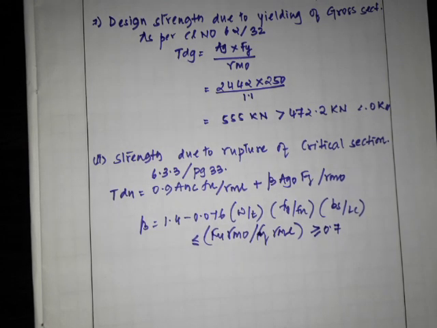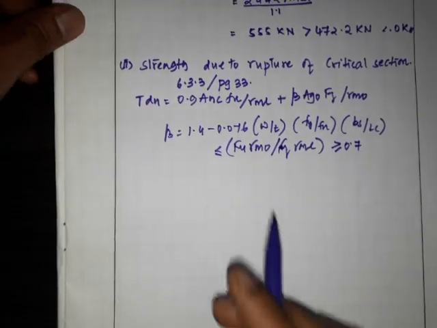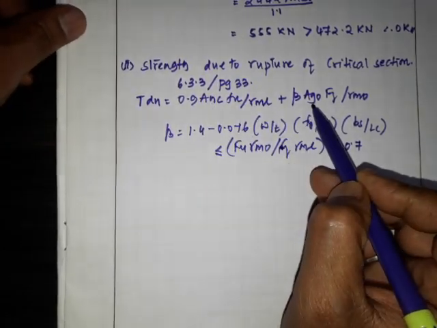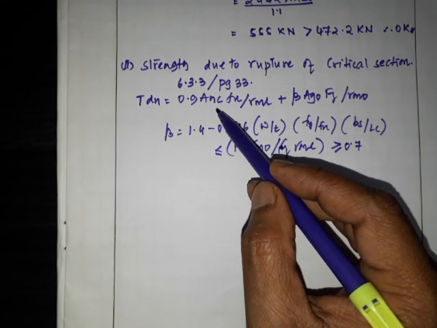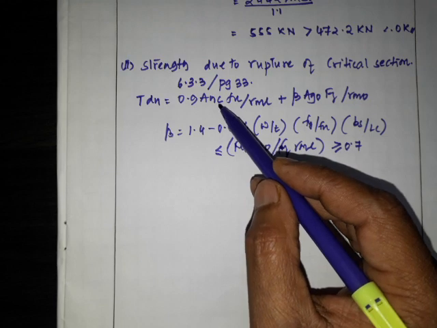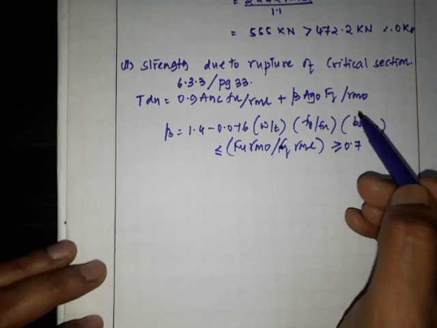So first of all you have to find out what is Anc and what is Ago. Here Anc is the net area of the connected leg, and Ago is the gross area of the outstanding leg.